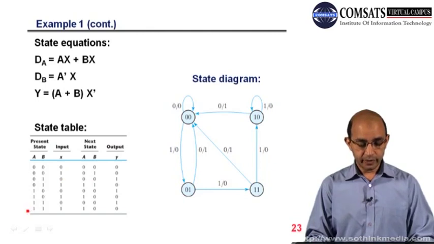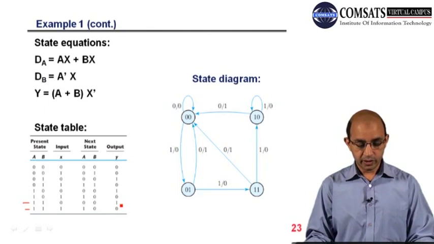Now focus here on the present state 1 1. From 1 1, when we have x equal to 0, you can see that the next state is 0 0 and output is 1.